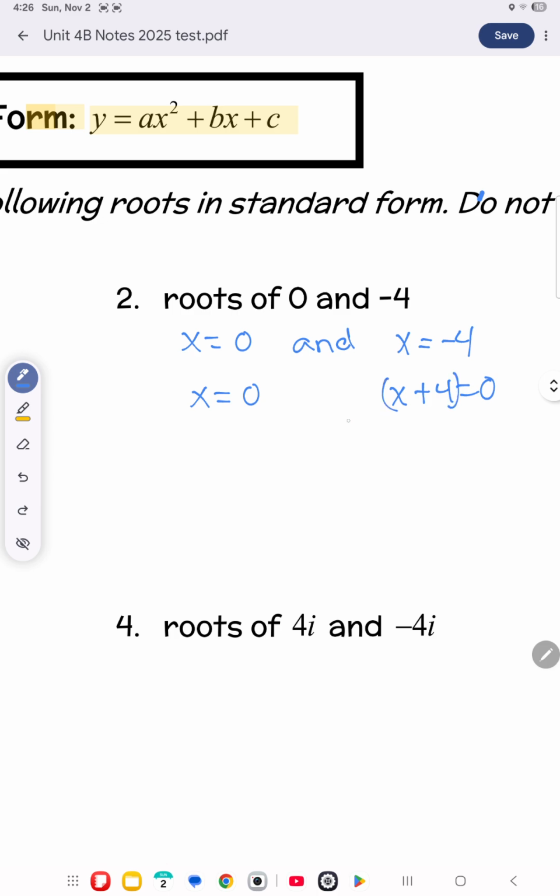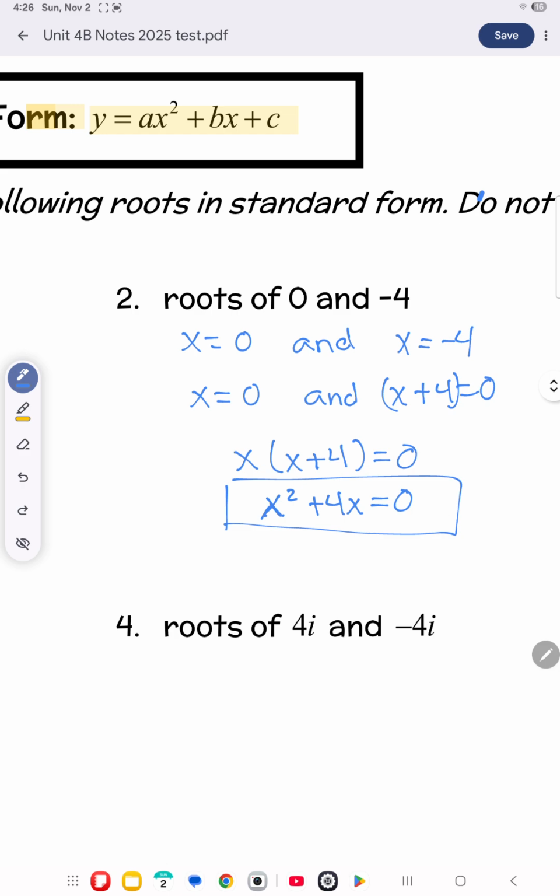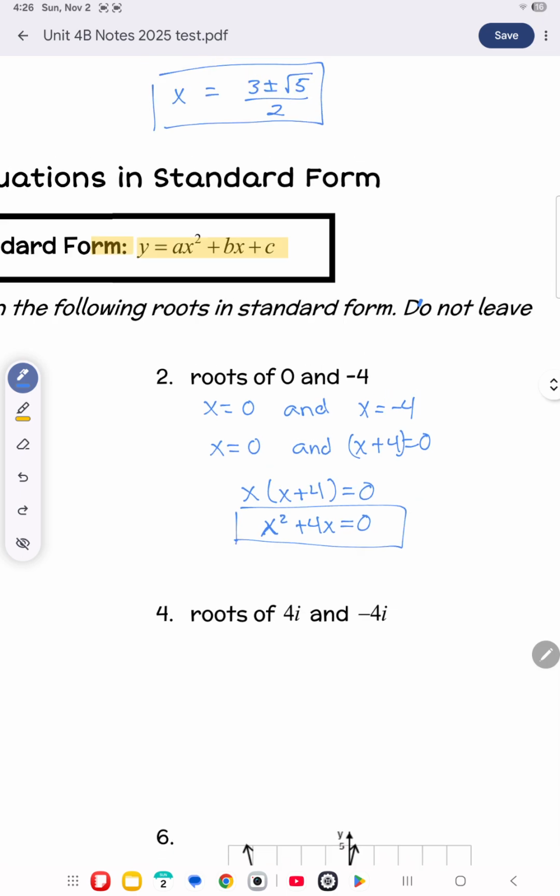That will be our other factor. So then we multiply these together. So x times x plus 4 is equal to 0, or x squared plus 4x equal to 0. Right? This is standard form. It's just that in this case, our c is going to be 0 because we don't have a constant term.